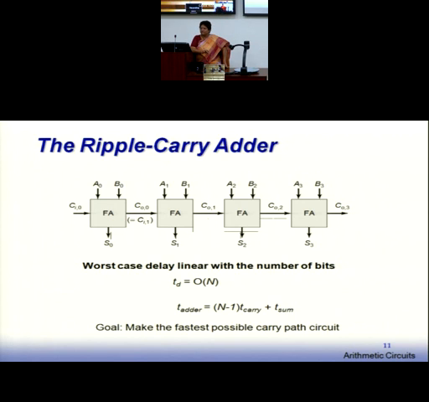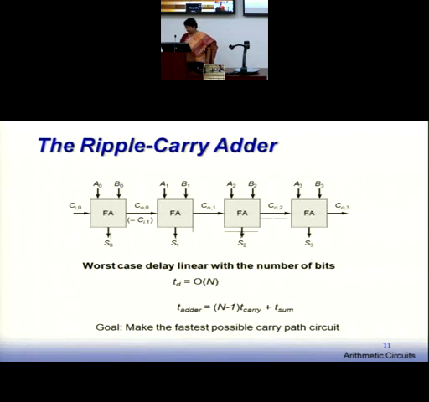So n-1 times the carry computation time plus the nth position t sum. And we can see if n goes on increasing, the delay goes on increasing. So here the time delay is a function of n. Simple n. Go on increasing n.